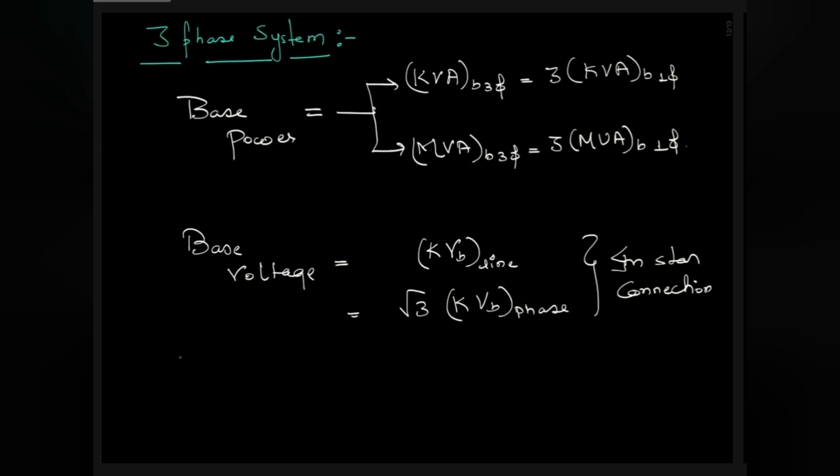Now if we represent this kVA base 3 phase with respect to base voltage, then it will be root 3 times of kV base value into base current.